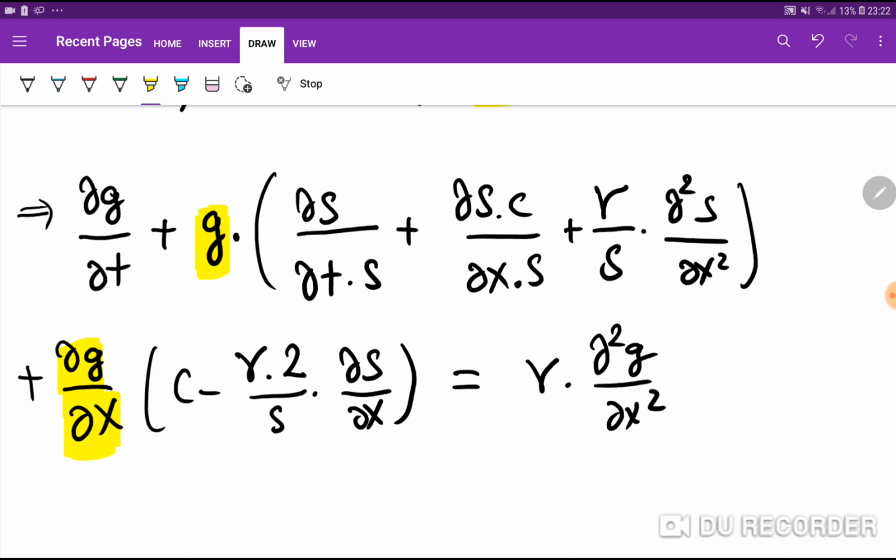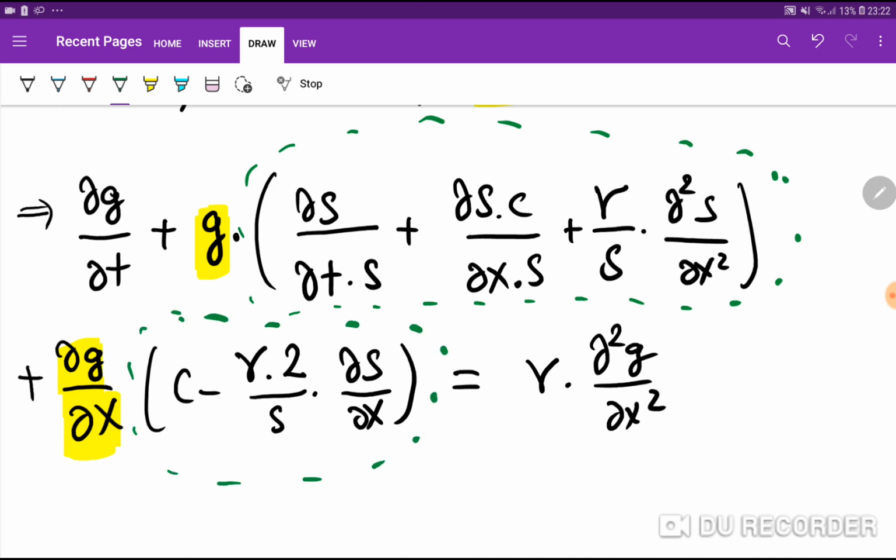So for the two yellow terms to disappear, they have to be multiplied by 0. So all this right here, the green, this thing and this thing, have to become 0. Do you see what I'm saying? Because no matter what g is and no matter what partial g with respect to x is, if it's multiplied by 0, it will be gone.